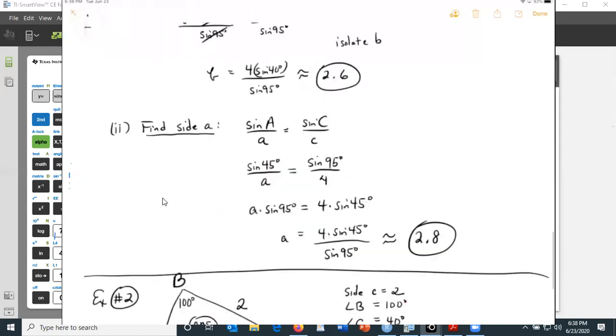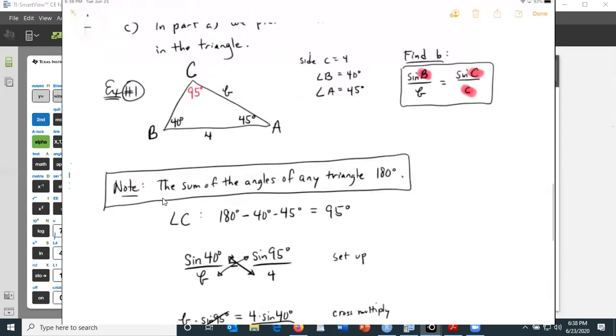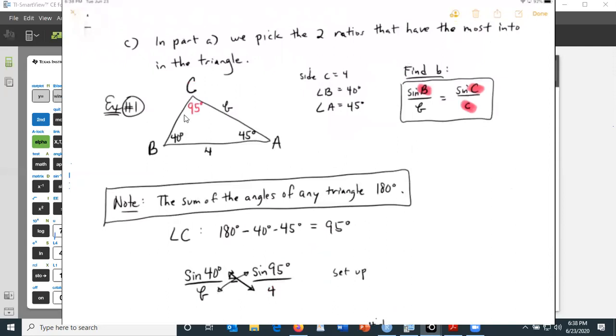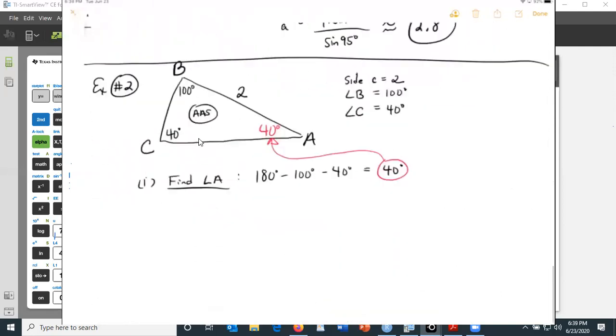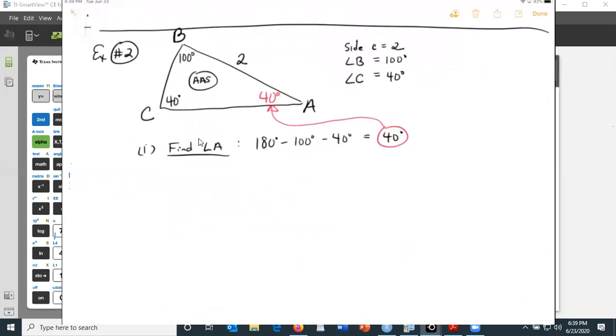Did we do that in the first problem? I don't think we did. No. All right. 95 wasn't there originally, but the 40, the 4, and the 45 were. This was angle, side, angle. All right. So problem 1 was angle, side, angle. Problem 2 is angle, angle, side. All right. So part 1 is done.